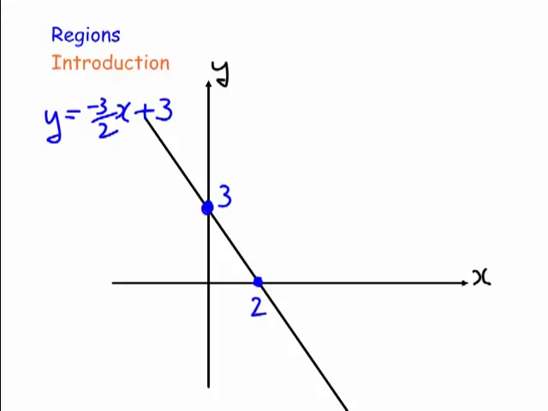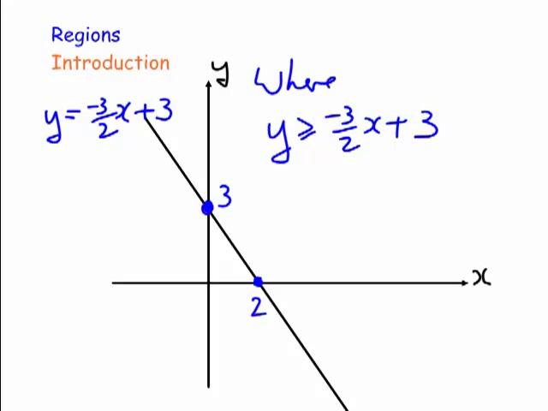So suppose we are asked to sketch the region y is larger than or equal to minus 3 on 2x plus 3. Where is this region? This now begs a question as to what side of the line the region is on.